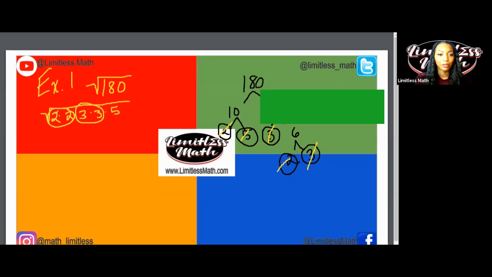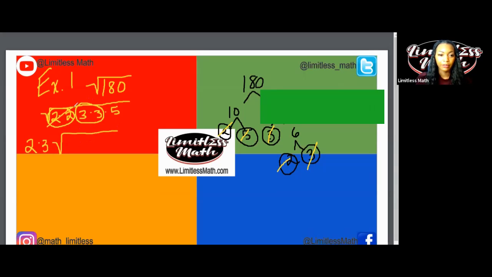So let's take the 2 to the outside of the radical. And you might ask, how many 2's can I take out? Well, you take out however many circles you have, and I only have 1 circle of 2's, so just the 2. I can also take out a 3, right? How many? Just 1, because there's only 1 circle.